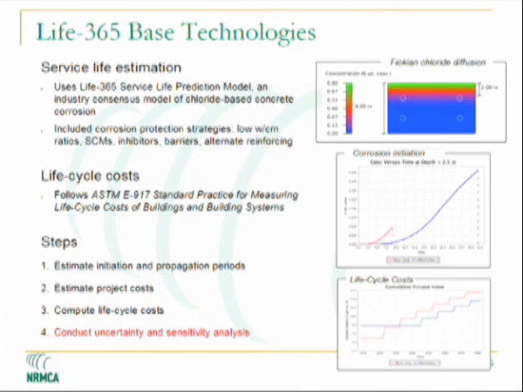The basic model itself includes specific corrosion protection strategies. If you have a concrete slab, a concrete pier column, a tilt-up wall that's subject to chlorides, or other types of standard concrete members, you can assess directly what the impact on service life and life cycle cost would be of lowering the water cementitious material ratios, adding in SCMs or inhibitors or barriers, or alternate types of reinforcing, such as epoxy-coated rebar or steel.